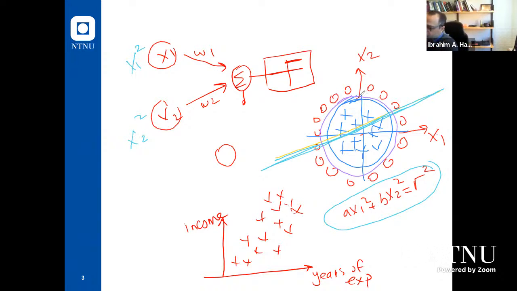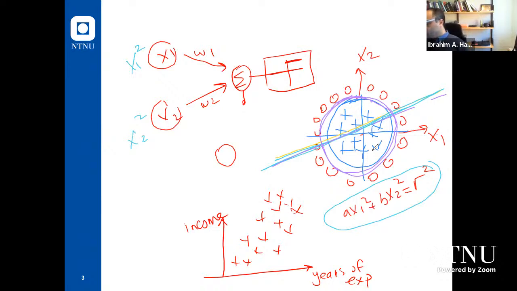When you are playing with the features, if you change x1 into x1 squared and x2 into x2 squared, instead of generating this straight line, you will generate a circle. All data points above the circle will be classified as 1. All data points inside the circle will be classified as 0. So we can achieve 100% accuracy if we do this trick.